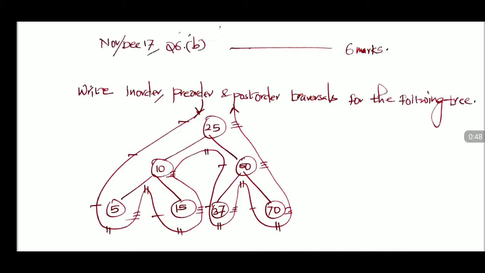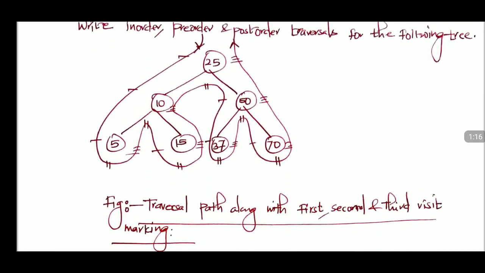Now, in order to write the in-order, pre-order and post-order for a given tree, I have drawn a traversal path, and at the same time I have marked the traversal path with first visit, second visit and third visit.